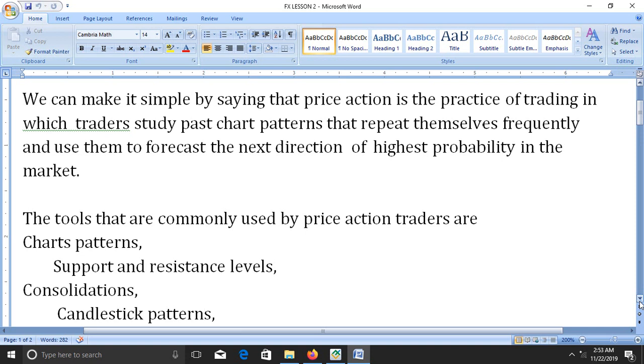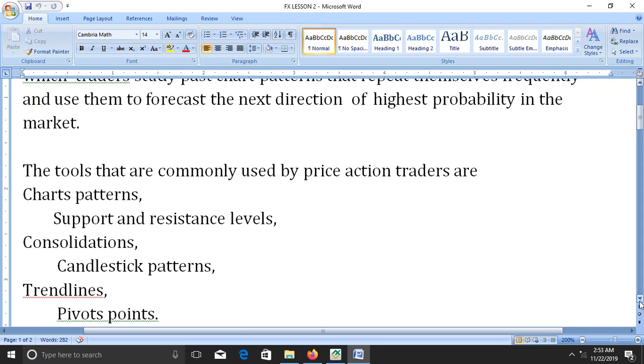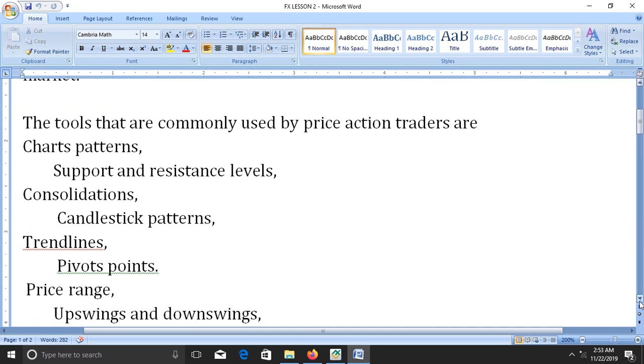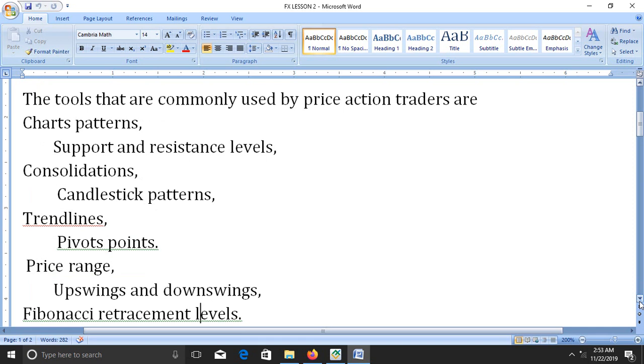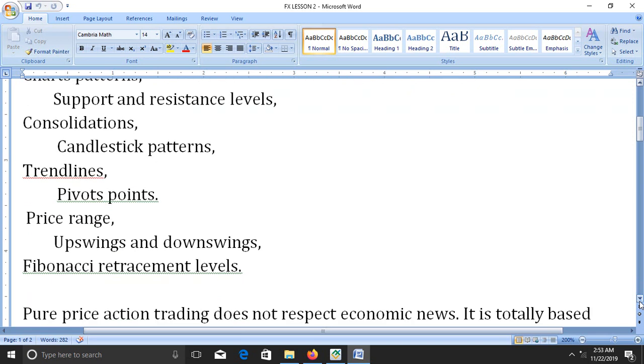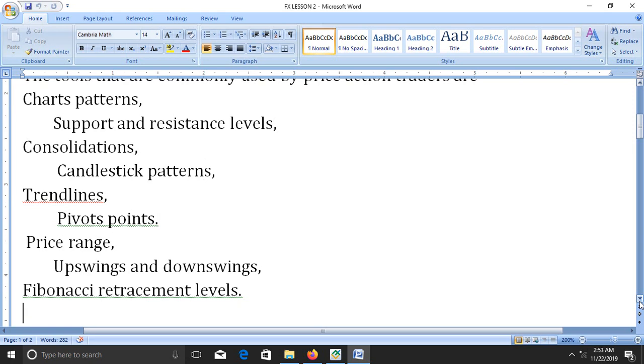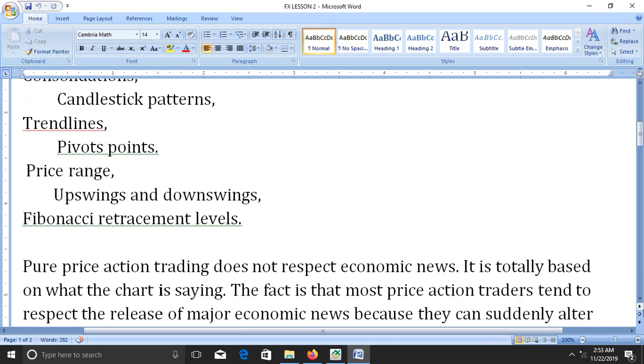So the tools that are commonly used by price action traders are chart patterns, support and resistance levels, consolidations, candlestick patterns, trend lines, pivot points, price range or price bands, upswings and downswings, as well as Fibonacci retracement levels. These are the tools that we find very powerful and very useful in the practice of price action trading.